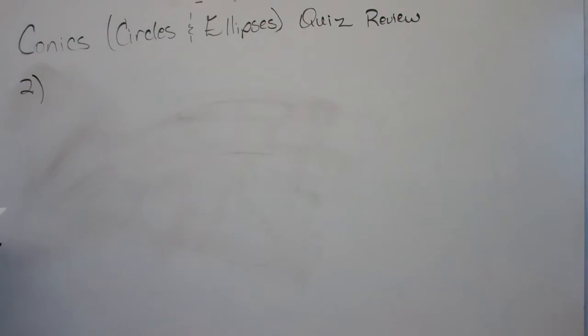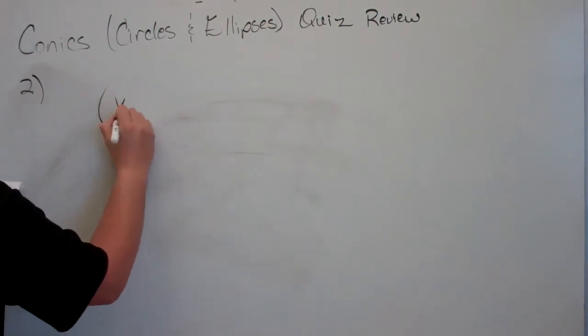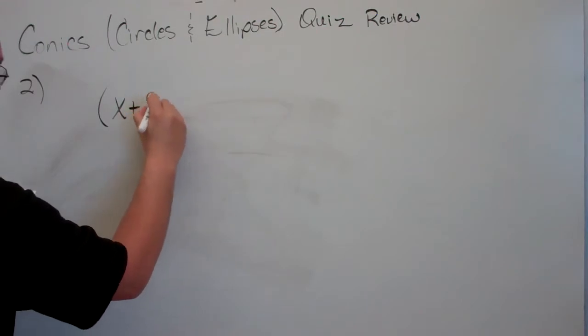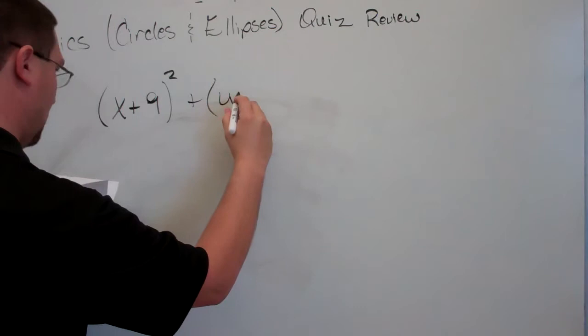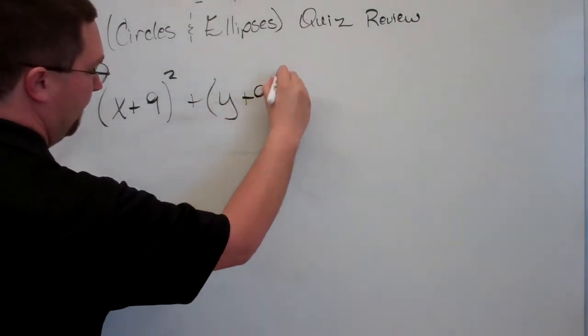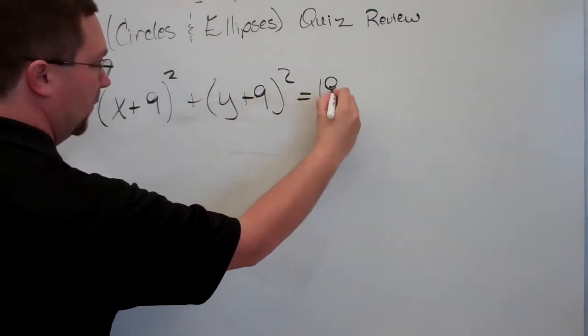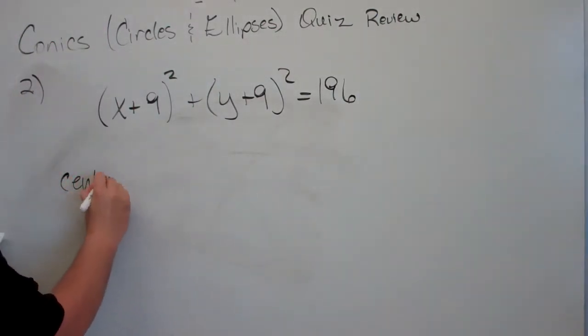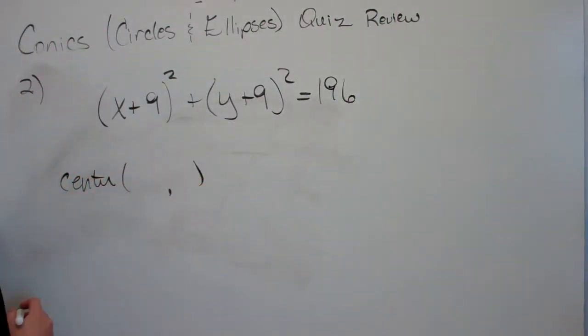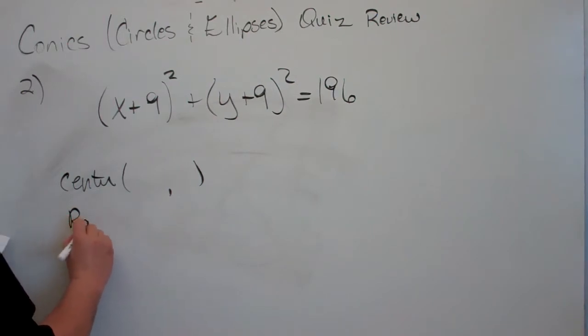It says identify the center and radius for the following circle. So we want the center, and we want the radius.